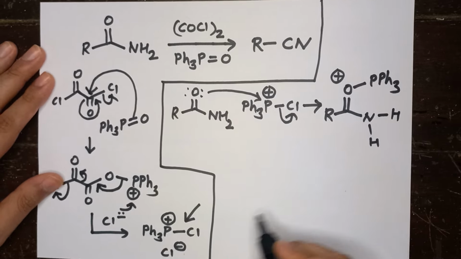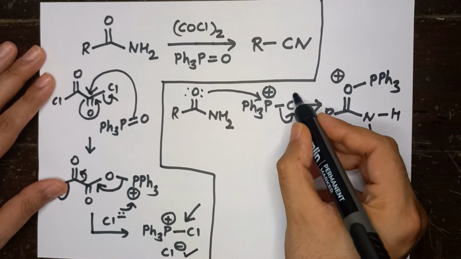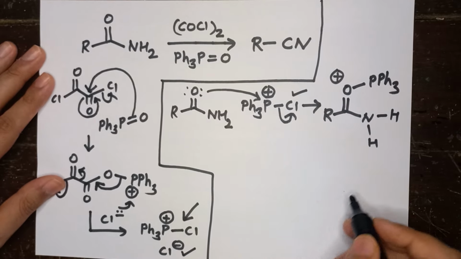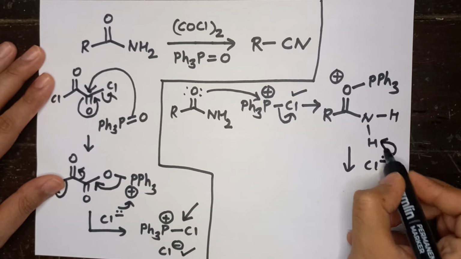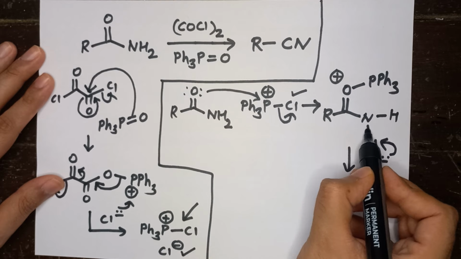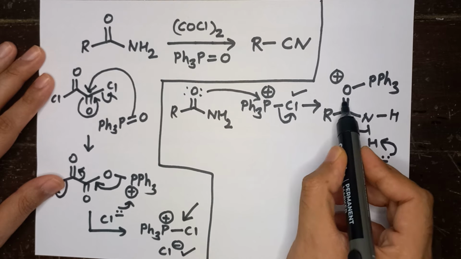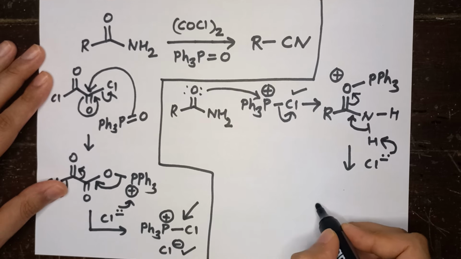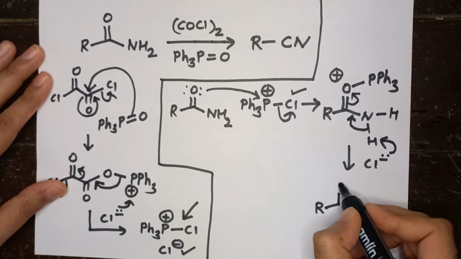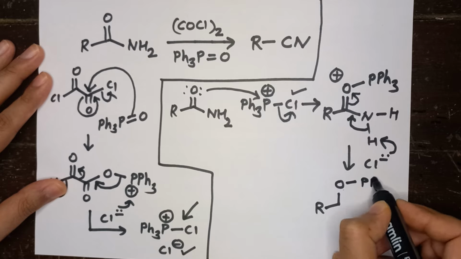So we have 2 chloride ions now, 1 and we just removed 2. So one of them will come, will take this proton, this will form a double bond here and this oxygen will get neutralized, correct? And you get R singly bonded with OPPh3.